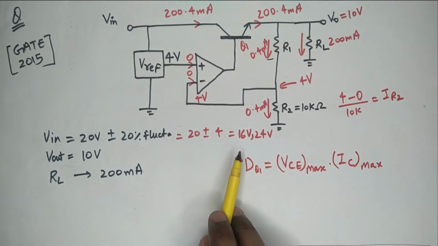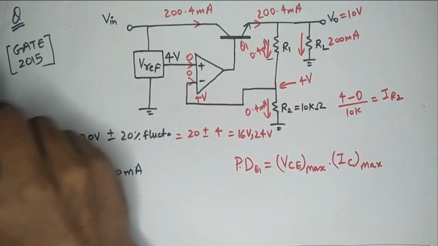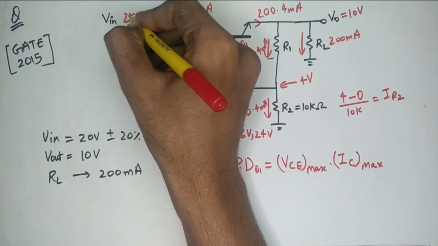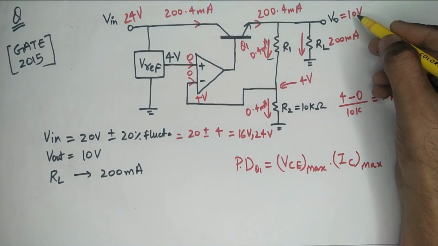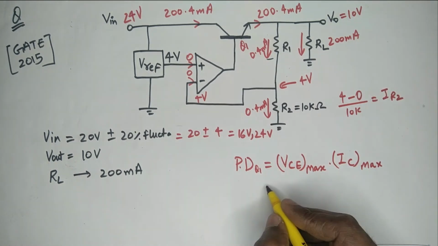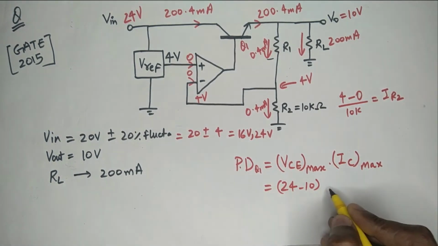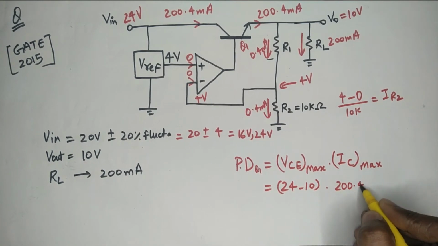The voltage at collector of the BJT is 24 volts, which is maximum, and voltage at emitter is constant, that is 10 volts. We will get 24 minus 10 into IC. IC is equal to 200.4 milliamps.